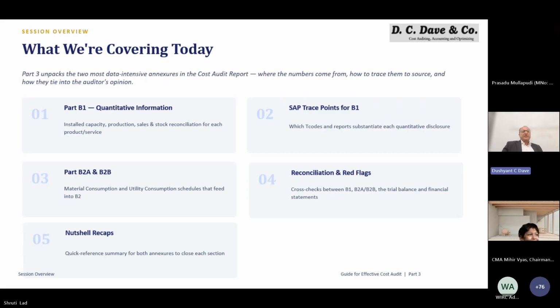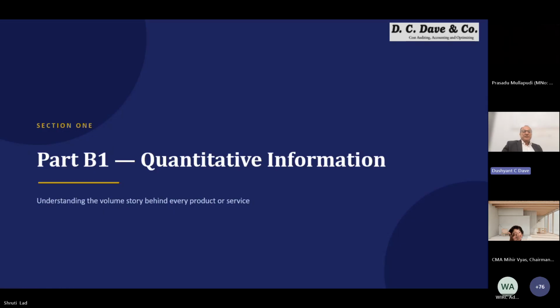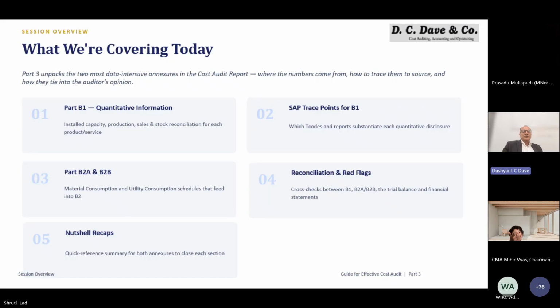Remember, cost audit is evidence-based. Every quantity reported should be capable of being traced back to some documentary evidence. Now, what are these documents? Those documents could be SAP reports or ERP reports, production registers, daily production reports, stock registers, excise records, GST documents, management certificates, and technical department reports.